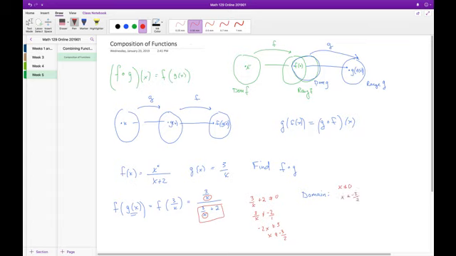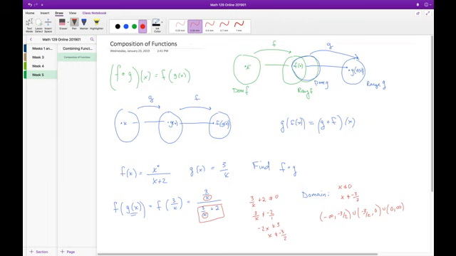So x can't be negative 3 over 2. So those are the two numbers that need to be excluded from the domain. So negative infinity to negative 3 over 2, negative 3 over 2 to 0, and 0 to infinity.